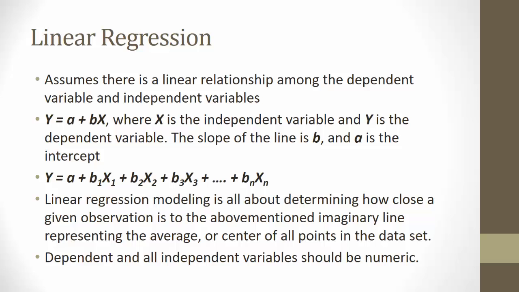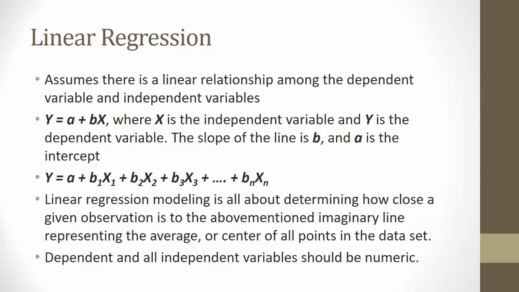In the simplest form, we are trying to come up with this equation: y equals a plus bx. y is your dependent variable, a is your intercept, b is your slope, and x is your independent variable.